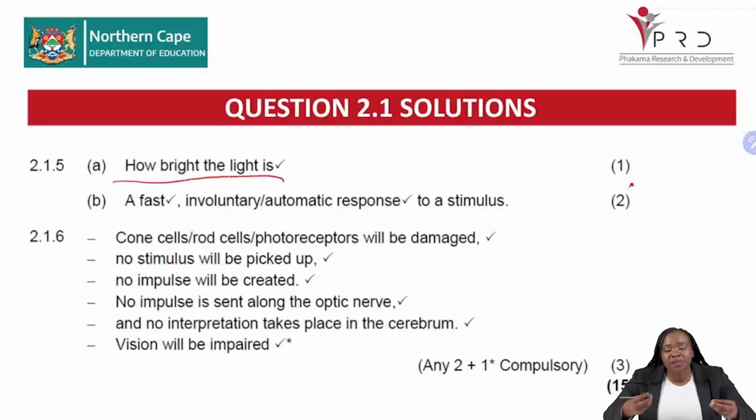So it takes us back to reading your questions or the information provided carefully. When you get your question, do not just jump to 2.1.1. Read that information, understand what it tells you, underline whatever you think is important, go through it again just to get a better understanding, because you will then be able to score simple marks like what you are seeing with 2.1.5a.